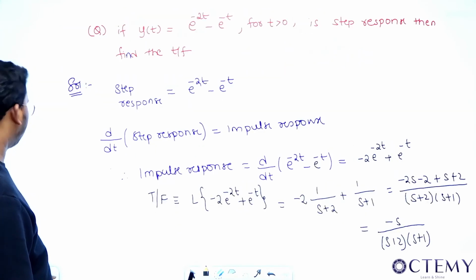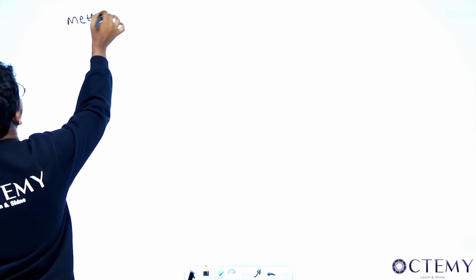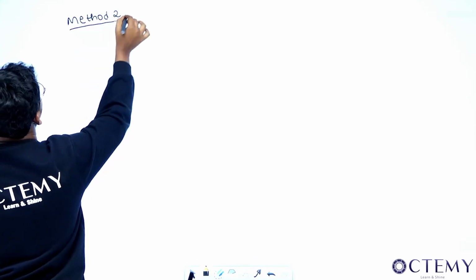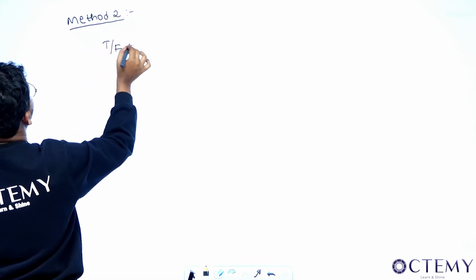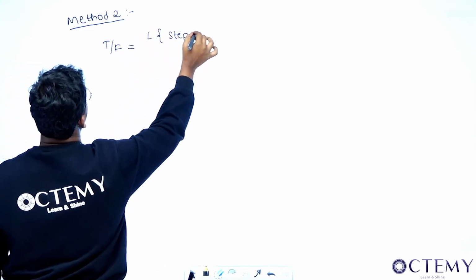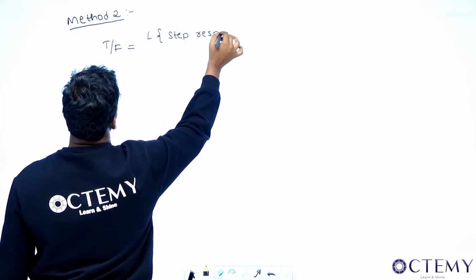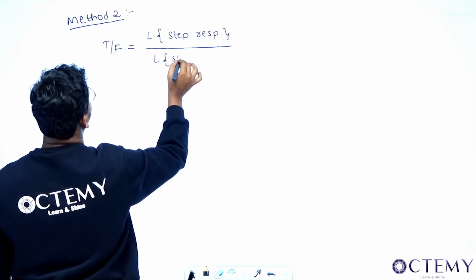If I do it with method 2, if you feel, sir, who will do all this differentiation and all, you can directly do it like this. Transfer function is equal to Laplace of step response divided by Laplace of step input.